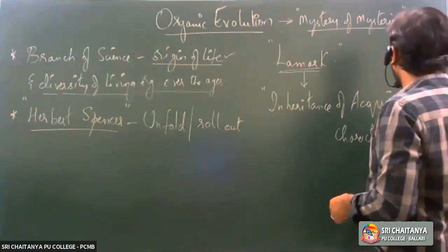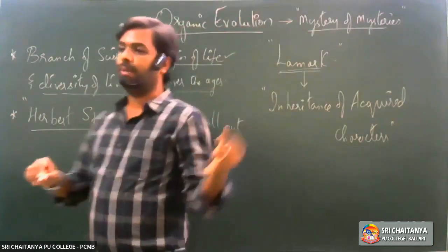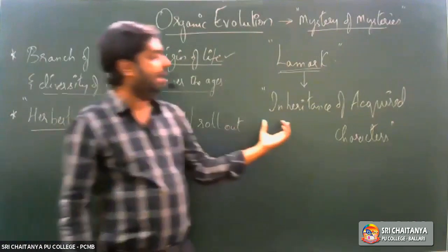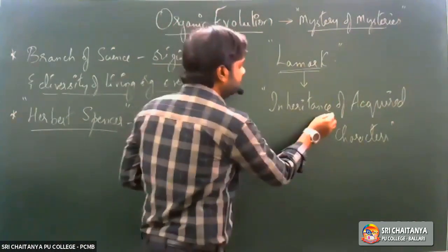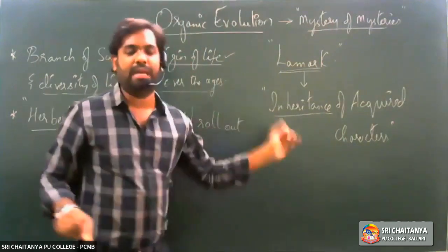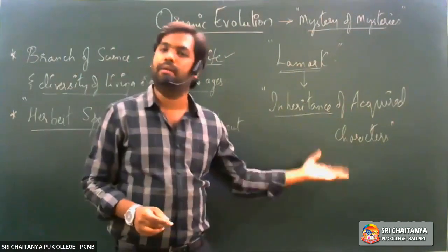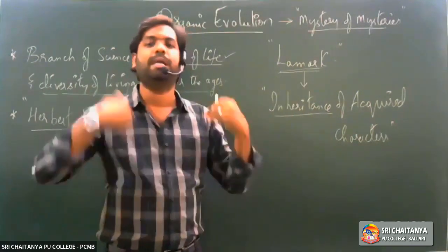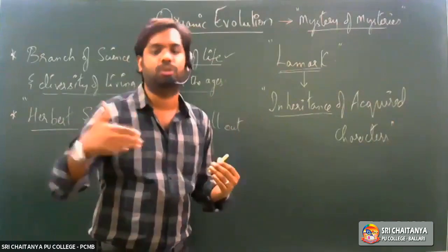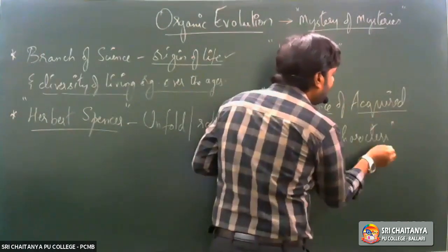Lamarck is very well known for his research work on evolution, and he came up with a theory called inheritance of acquired character. So what does this mean? We have studied a lot about inheritance in the previous session under the topic principles of inheritance and variation. Inheritance is nothing but a character being passed on from one generation to another generation.